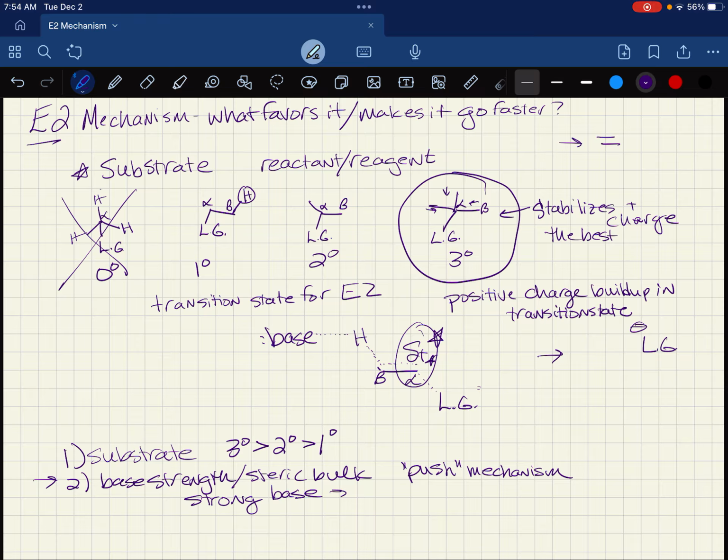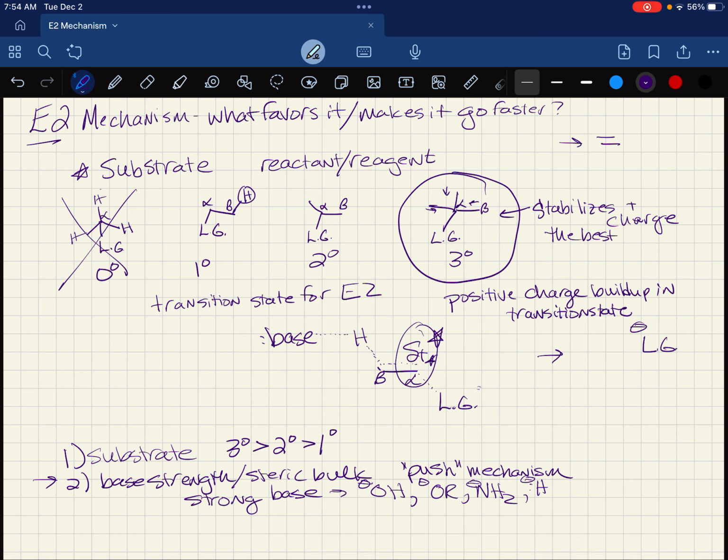And typically we're going to see, when we talk about strong bases, we always mean hydroxide or stronger: OH negative, OR negative, an alkoxide. Any sort of amide anion would be very strong and strong enough. Hydride anion technically. And those are going to be probably the primary ones we're going to see with E2.